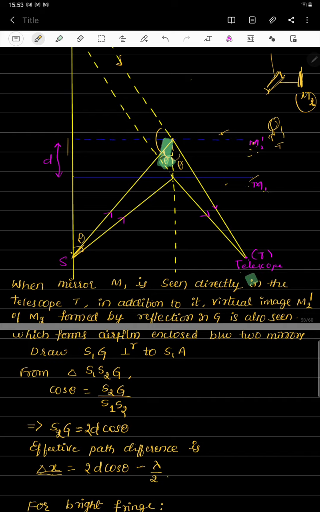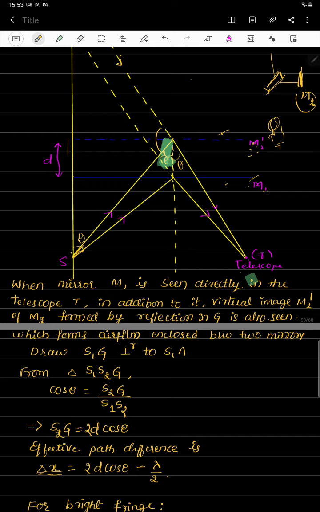So now what are the conditions for the bright fringe and dark fringe? For the bright fringe, the optical path difference should be equal to an integral multiple of the wavelength of light used, that is m lambda.